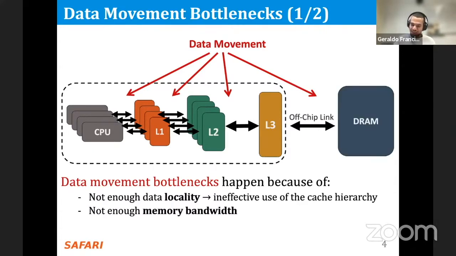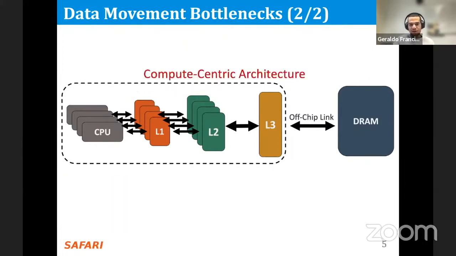The second one is that the DRAM system cannot provide enough memory bandwidth for a particular bandwidth-intensive application. Third, overall, accounting for all of the latencies involved in the memory subsystem, which add up and impact the application's execution time, or dominate the application's memory execution time.